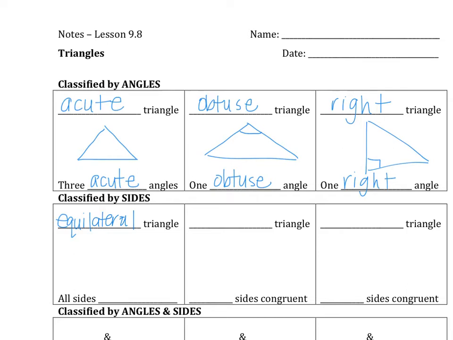So that means all of its sides are the same length. So that's what these tick marks mean. If you have one tick mark, every side that has one tick mark is the same length. So let's say these are 5. That means they're all 5.